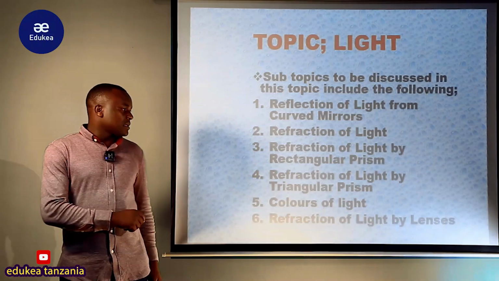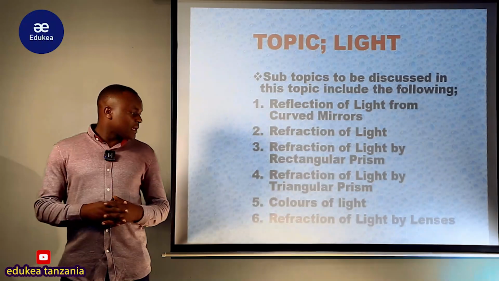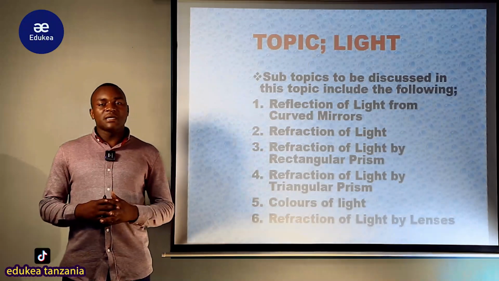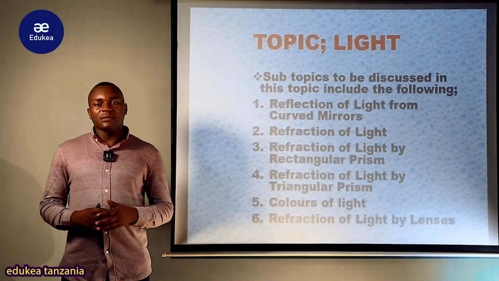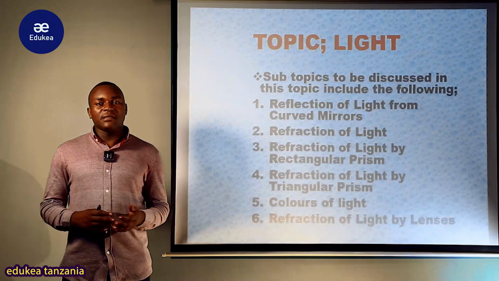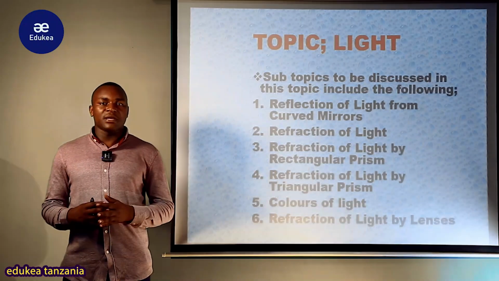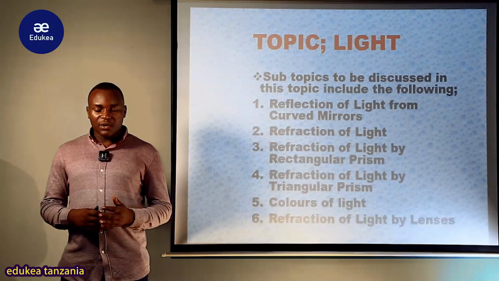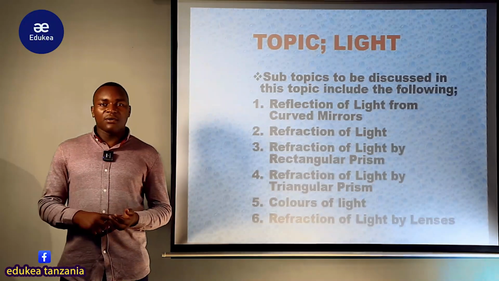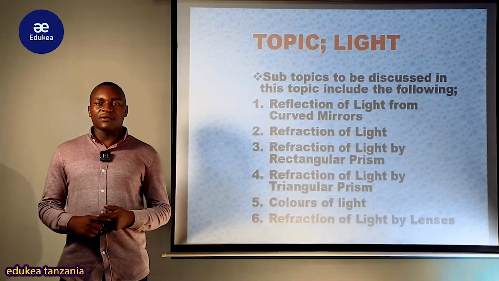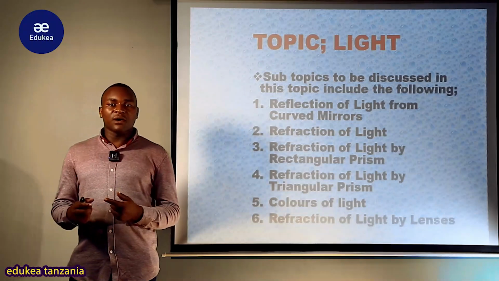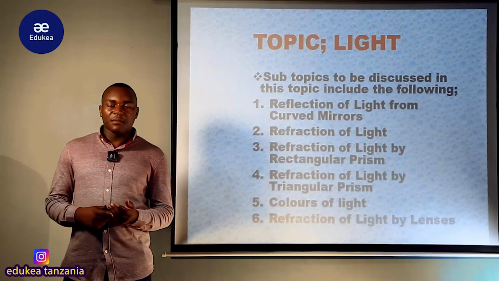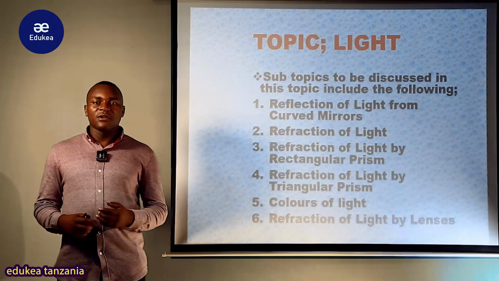But baada ya kumaliza subtopic ya pili, tulijifunza subtopic ya 6, ambapo ilikuwa inahusiana na refraction of light kwa kutumia lens. Tukaona the kind of lens, ambao tukaona convex lens pamoja na concave lens. Tukasema kwamba kwenye convex lens kuna plano convex, kuna convex meniscus na biconvex. The same way to concave, kuna biconcave, kuna concave meniscus pamoja na plano concave.